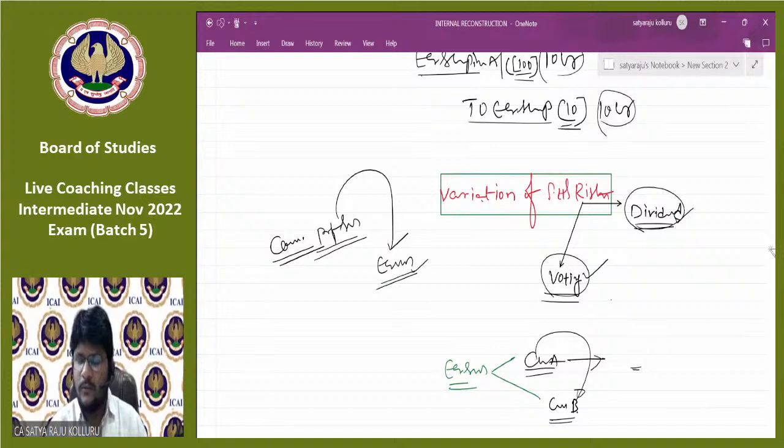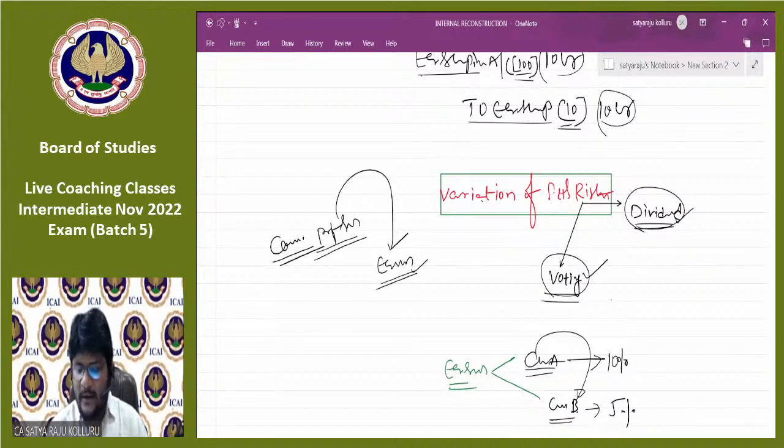Let us assume there are two different classes of shareholders. The nature of Class B shareholders is that whenever you are issuing dividend to Class A shareholders, Class B shareholders get 50% less than Class A shareholders. For example, if you declare a 10% dividend to Class A shareholders, then automatically Class B shareholders get a 5% dividend.